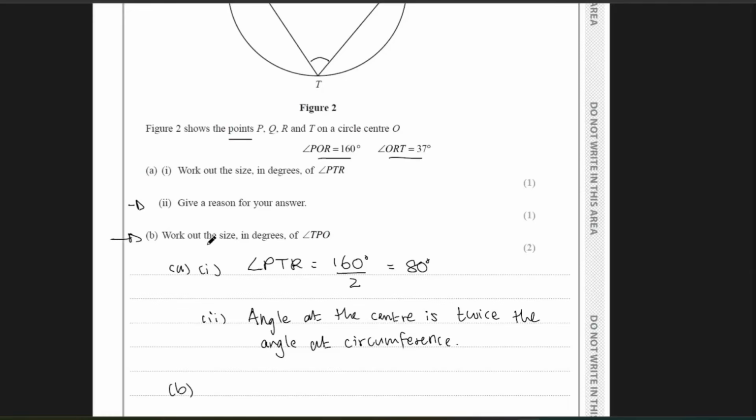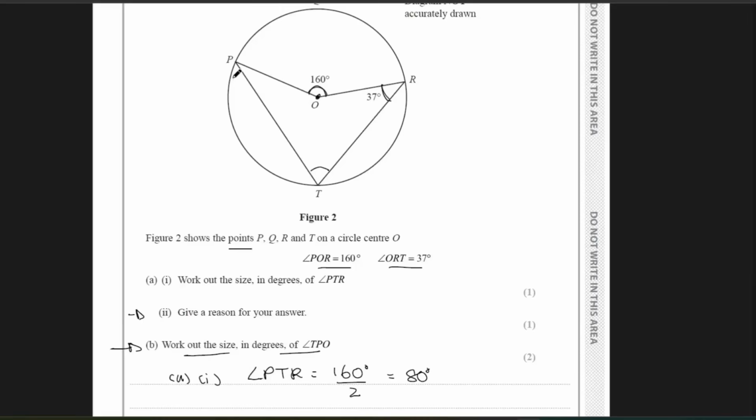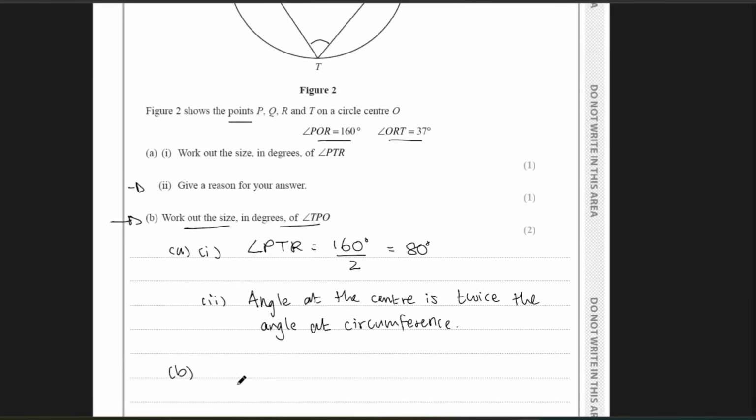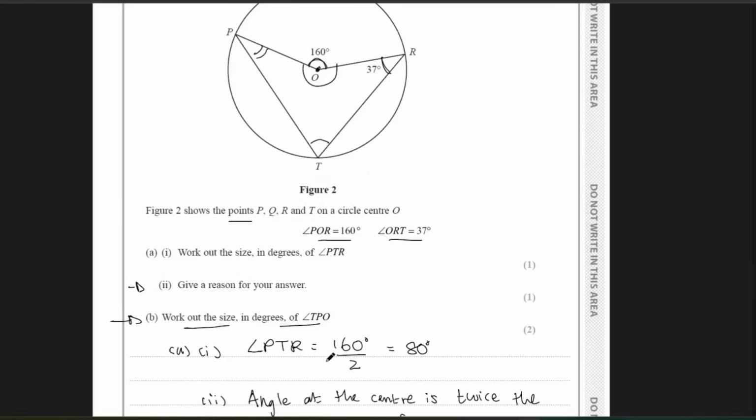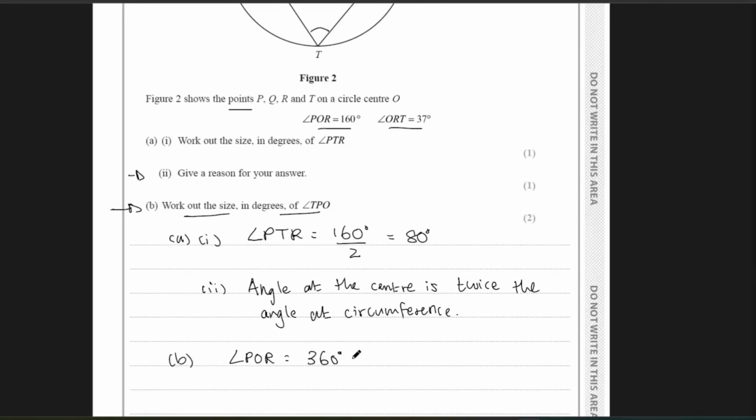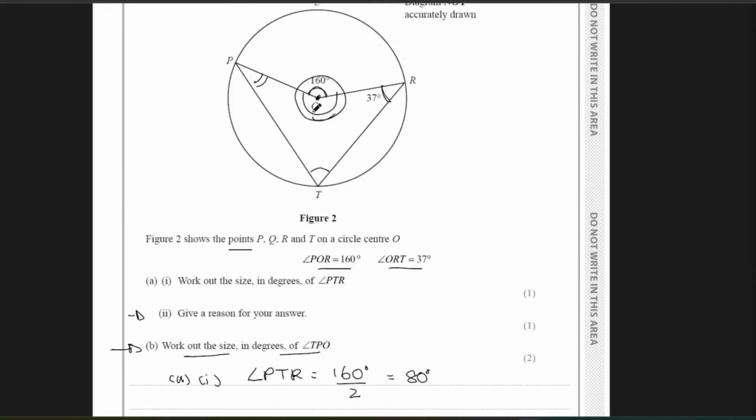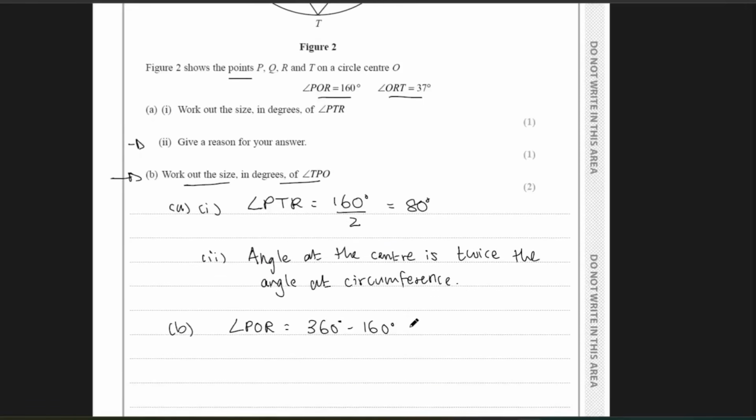Let's look at B. Question B, work out the size in degrees of angle TPO. Angle TPO, this one. So if we look at the shape PORT, that's a four-sided polygon, a quadrilateral. The angle sum of interior angles would be 360 degrees. So we need to work out angle POR first. So we can say angle POR is equal to, angle at a point is 360. So we can say 360 minus 160 degrees is equal to 200 degrees.